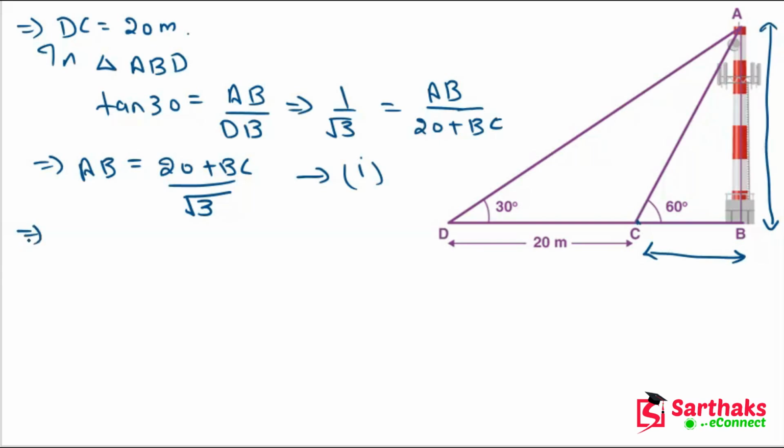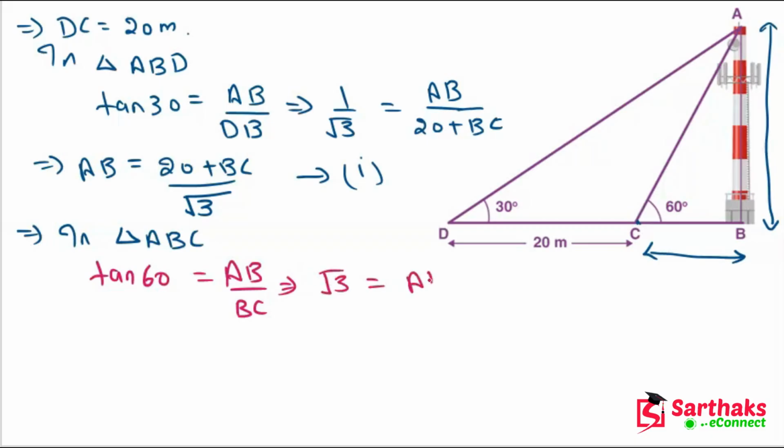Now in triangle ABC, tan 60 is equal to AB upon BC. We know the value of tan 60 is root 3, which equals AB upon BC.